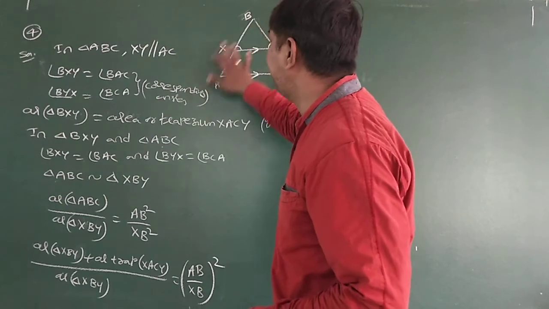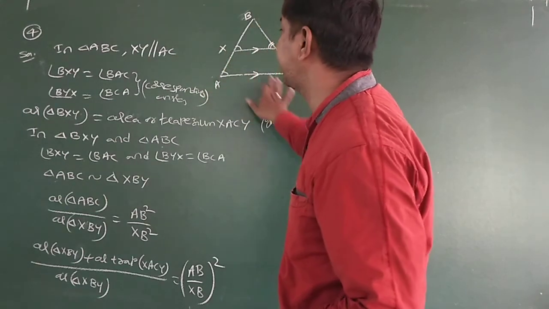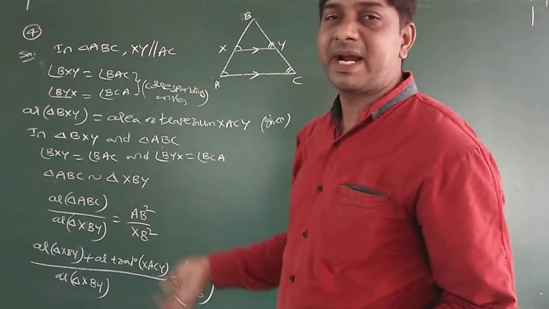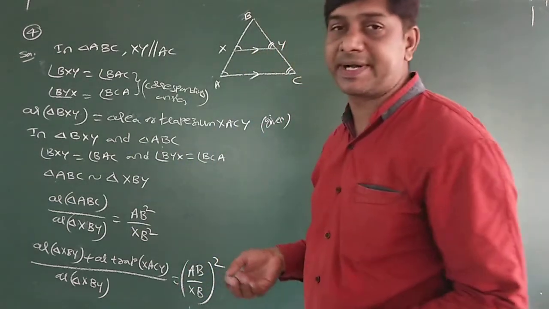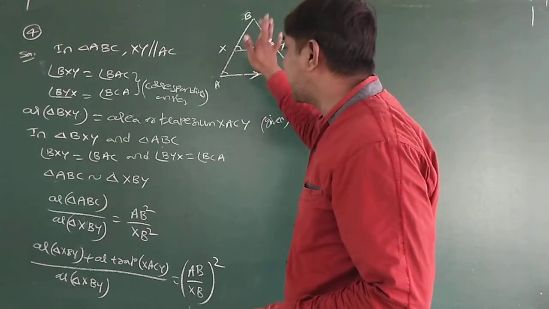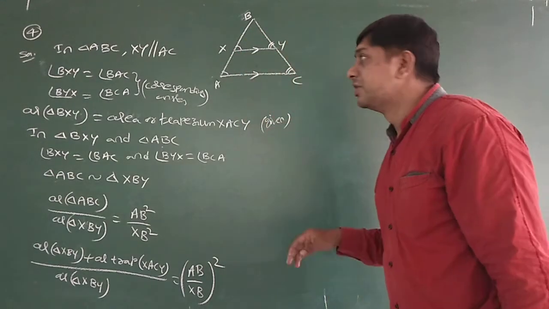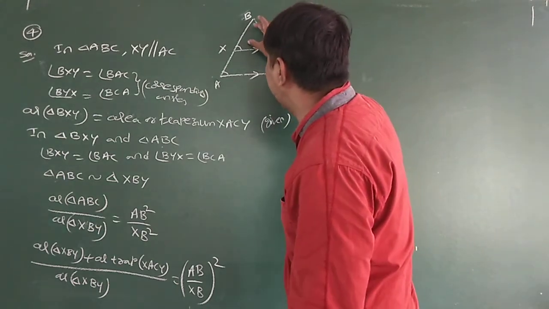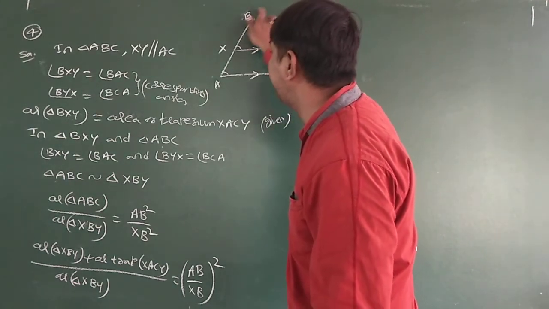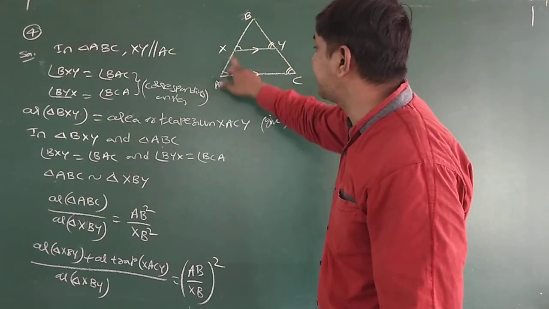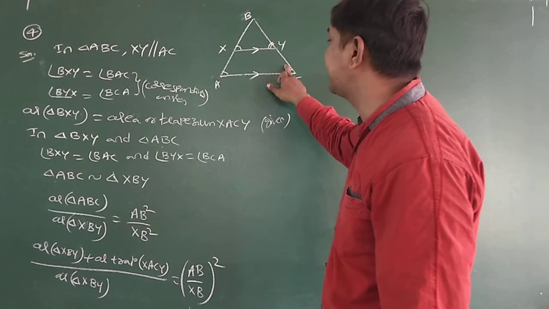Try to understand the concept here. In triangle ABC, XY is parallel to AC, so corresponding angles are equal. That concept I identified with the help of the parallel property. Already they have given that this area and this area are equal. So I compared this partition of the triangle and this whole triangle. Angle X and angle A are equal, angle Y and angle C are equal.